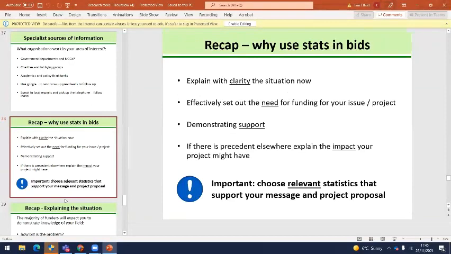So yeah, stats explain the situation with clarity. They help you make that evidence of need case. They can demonstrate support, particularly if you have statistics about local community need, or if you're consulting with the local community, the service users.